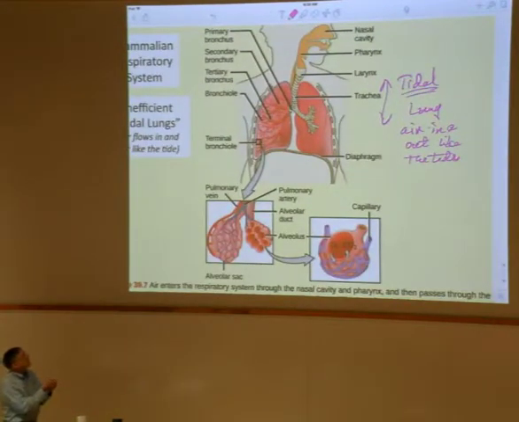So air comes in. It comes in because you contract your diaphragm. Here's this muscle, very thin muscle here, and when it contracts, it flattens out. That creates a little bit lower pressure in your lung than in the air outside. So air moves in, fills it up. Moves down your trachea and bronchi and bronchioles, and then finally down into these terminal regions, the alveoli.